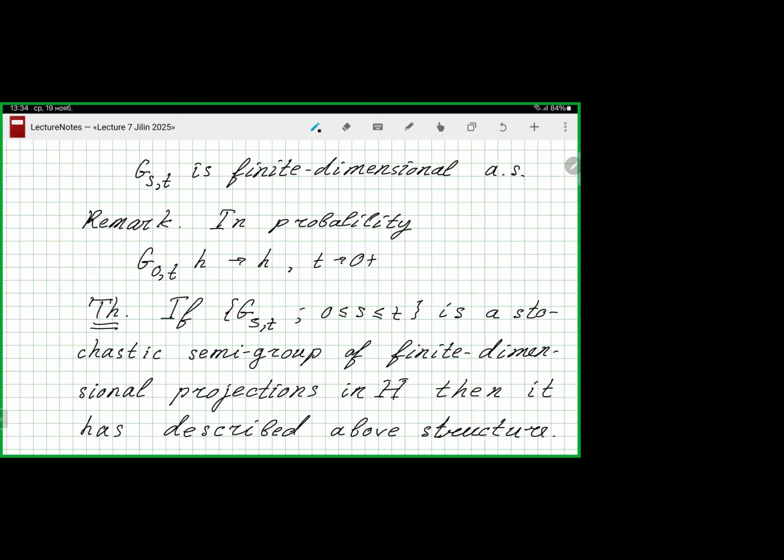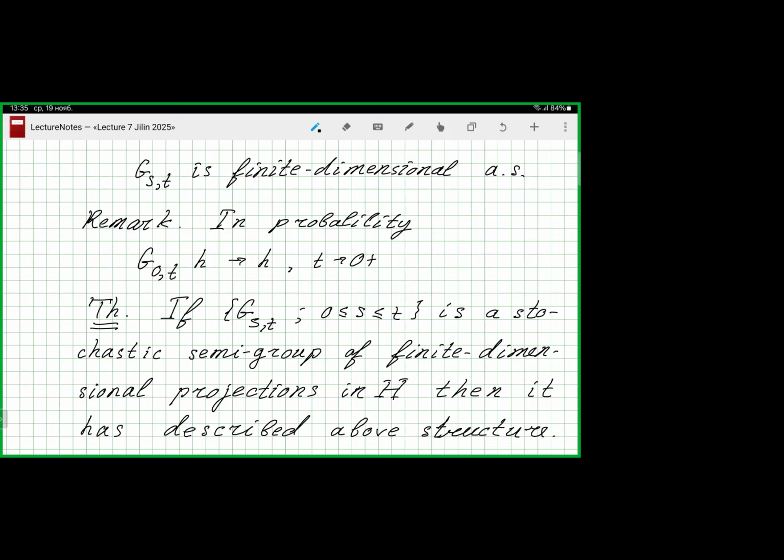You see, it occurs that our construction, which we considered before, and which contains orthogonal basis, independent Poissonian processes, with specially organized intensities, is general. It occurs that any stochastic semigroup of finite dimensional projection has such structure.